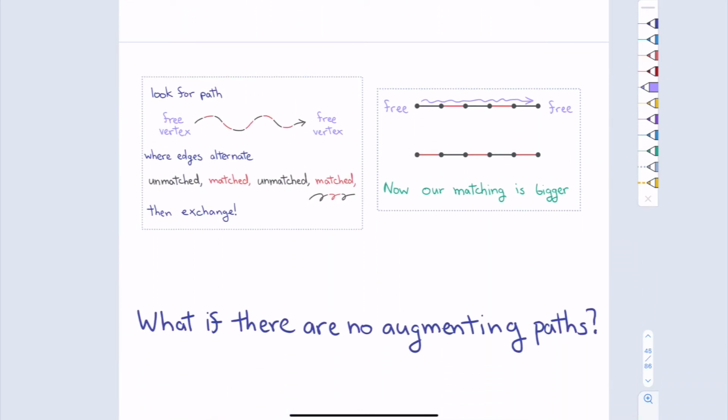Now, suppose you look for a path and you conclude there aren't any. Then what? Suppose I have a matching, I don't know if it's a maximum matching, but I did look for an augmenting path and didn't find any. What can I say?